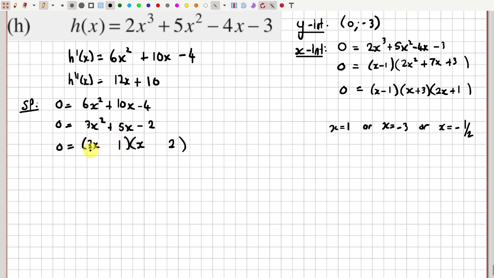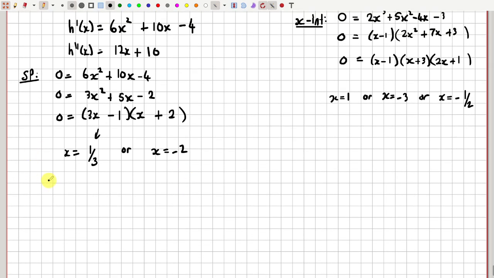We want to get +5. 3x times +2 will give me +6x. -1 times x will give me -1x. +6x minus 1x will give me the 5x over there. So now we see that x is equal to 1/3 or x is equal to -2. We substitute that back into our original equation and we get the stationary points: 1/3 and -100/27, and then -2 and 9.